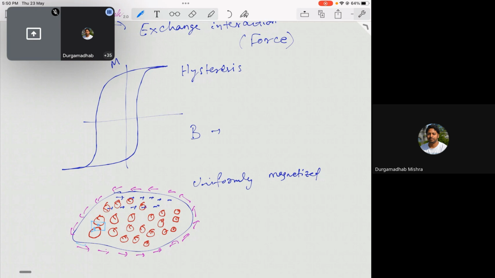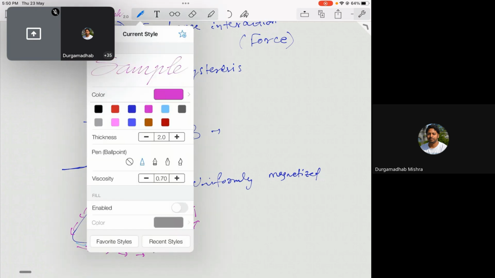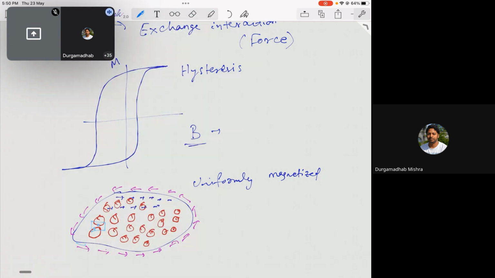We have a magnetic field B, and we have something we call magnetization, which we define as the magnetic moment per unit volume. So how do we now correlate these two quantities, B and M? For a material, how do we find the relation between these two?